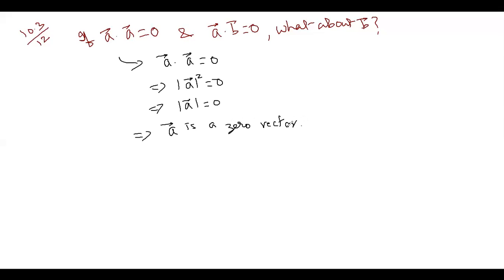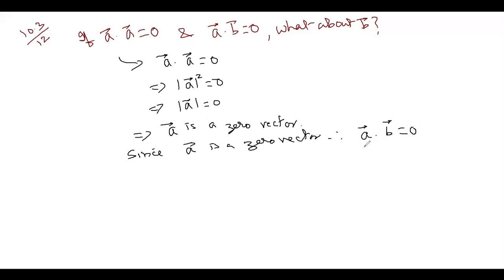But they are asking, what can you conclude about vector B? Now, as A is a 0 vector, therefore A dot any vector, if you take any vector, because A is a 0 vector, this will give you 0.